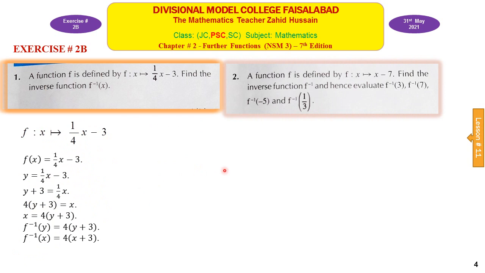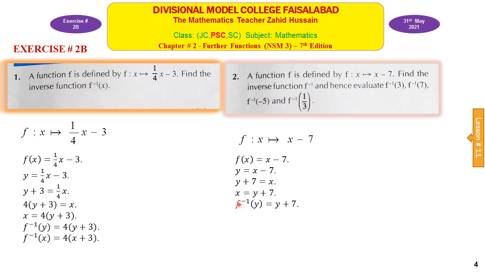Question number 2: a function f is defined by this, and again you are asked to find the inverse of this function. Write the function in this form: f of x is equal to x minus 7, and start applying the 4 steps. First replace f(x) by y, and we get y is equal to x minus 7. Make x the subject, we get y plus 7 is equal to x.